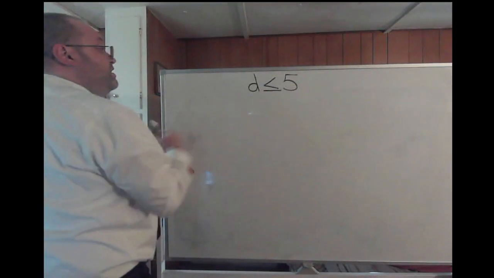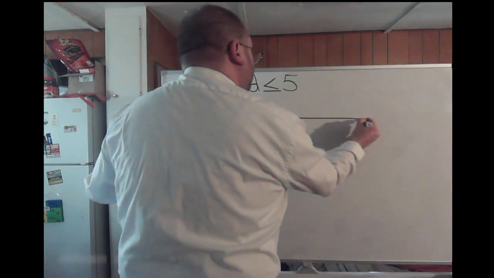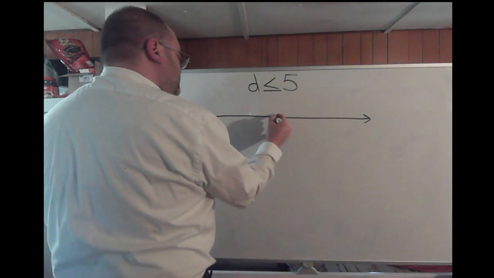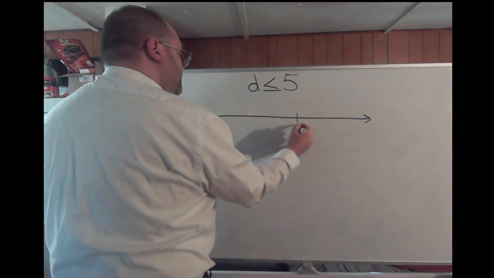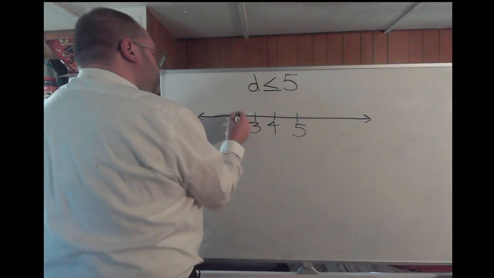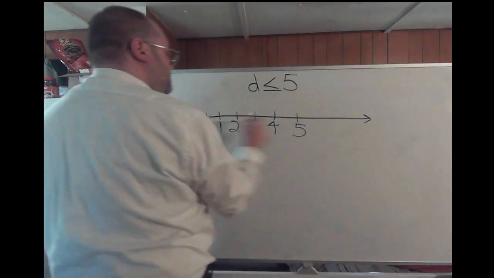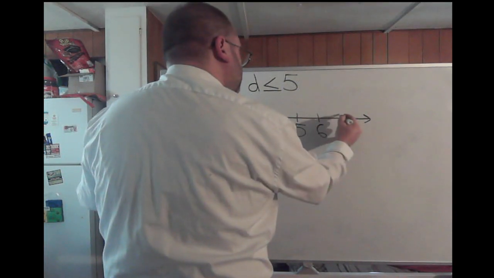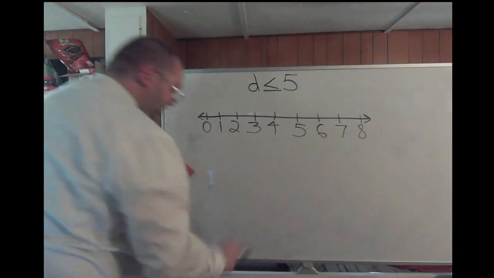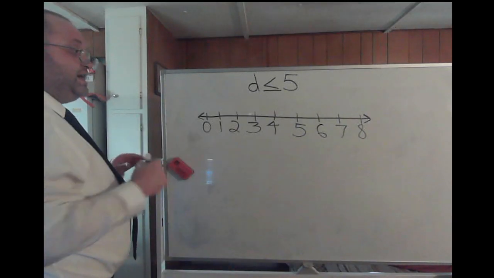But D is less than or equal to 5. So let's draw our number line. We'll put 5 over here, 4 over here, we'll do 3, 2, 1, 0, and then 6, 7, and 8. Okay, so I got myself a nice number line here. The value of D is less than or equal to 5.